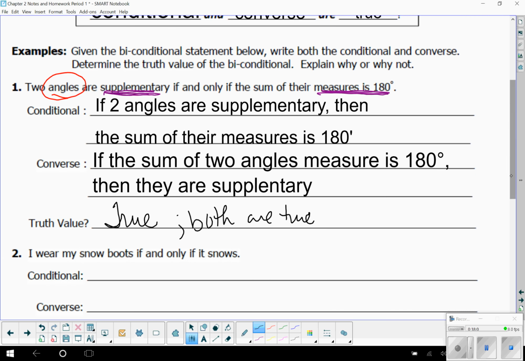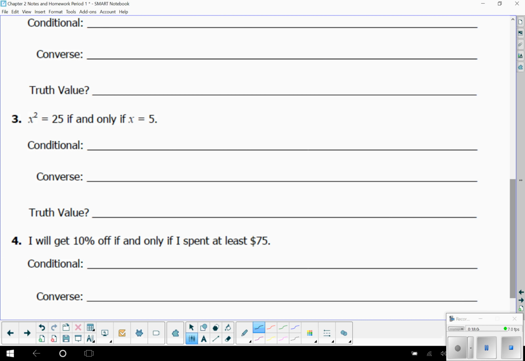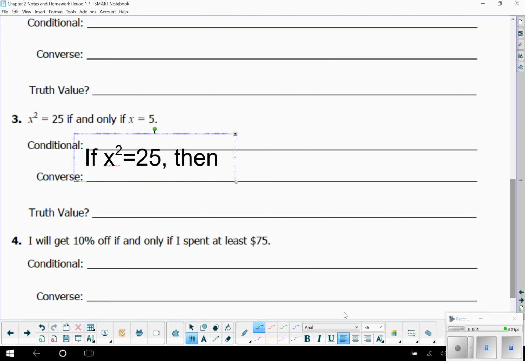Okay, so let's look on this page number 3. X squared equals 25 if and only if x is equal to 5. You start this off with if. If x squared equals 25, then x equals 5.